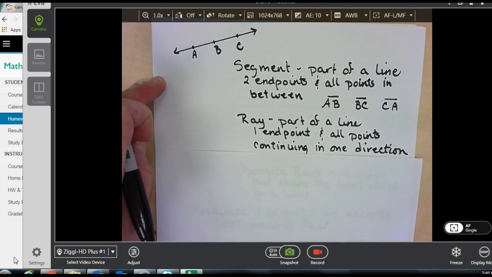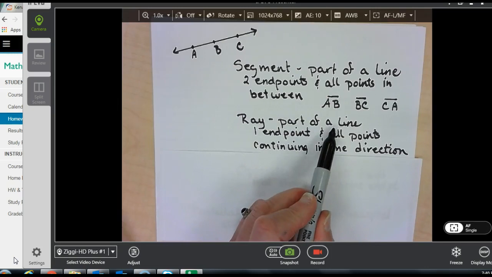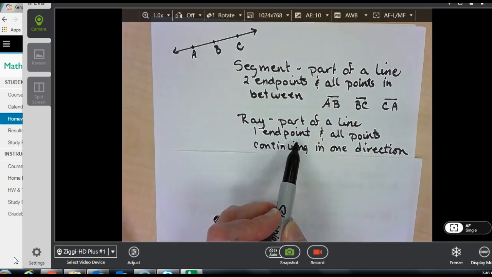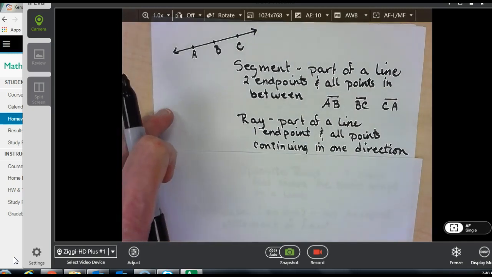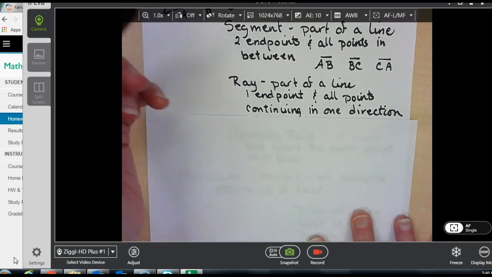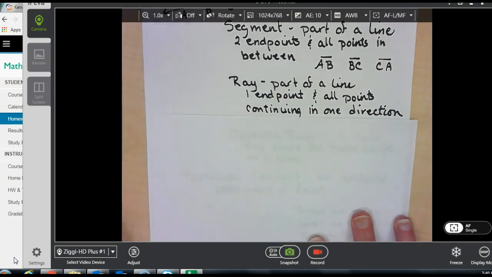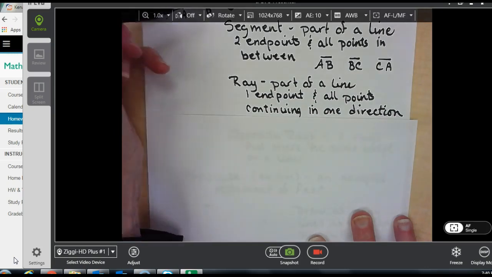But when we change it to a ray, a ray is a part of a line, has one endpoint, and all the points continuing in one direction. So your points start at an endpoint, and that is the first letter you want to use when you write your ray down by a name.